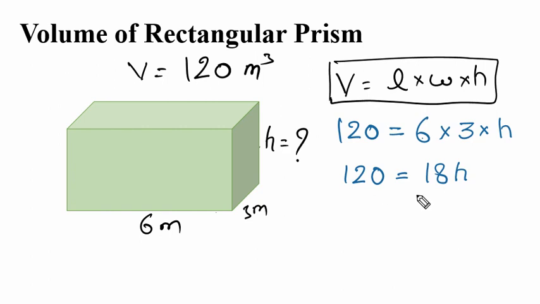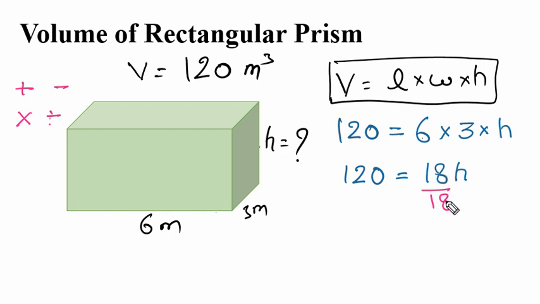Now how will you solve this? If you remember, if you have a number in multiplication, to remove it we do the opposite operation. If you have plus, do minus. If you have multiply, do divide, and vice versa.